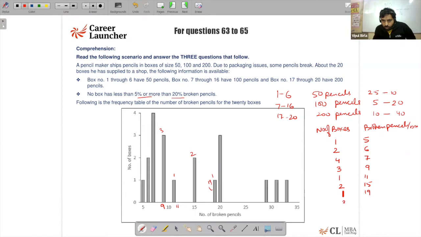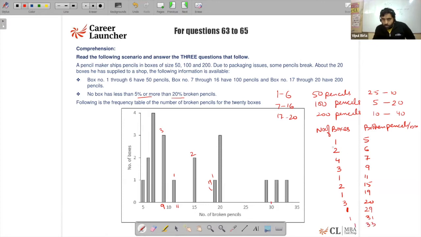Then we've got 3 boxes with 20 pencils broken. Then one box with 29, one with 31, and one with 33.